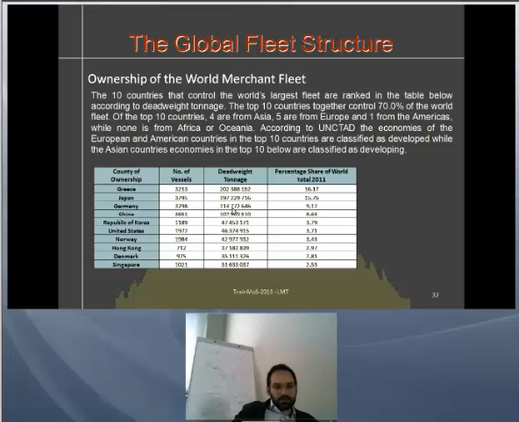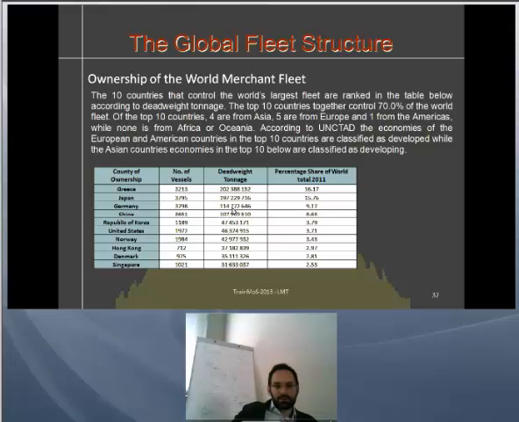So we can see that we have Greece in the first position with fewer vessels than the second one, Japan or Germany, but much greater deadweight tonnage because they've been investing in bigger ships, bulk carriers and oil tankers.